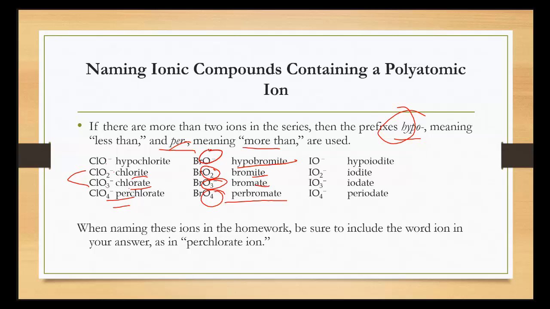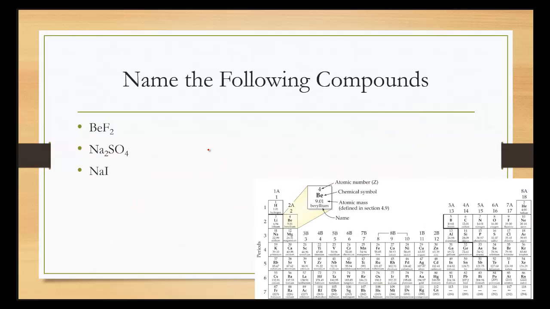Alright, so let's name some of these. First, let's figure out what the cation is. We have Be. Be is right here. It's beryllium. Then F2. F is fluorine. You take the first half, the base of the word, which is fluor, and it becomes fluoride. Na2SO4.